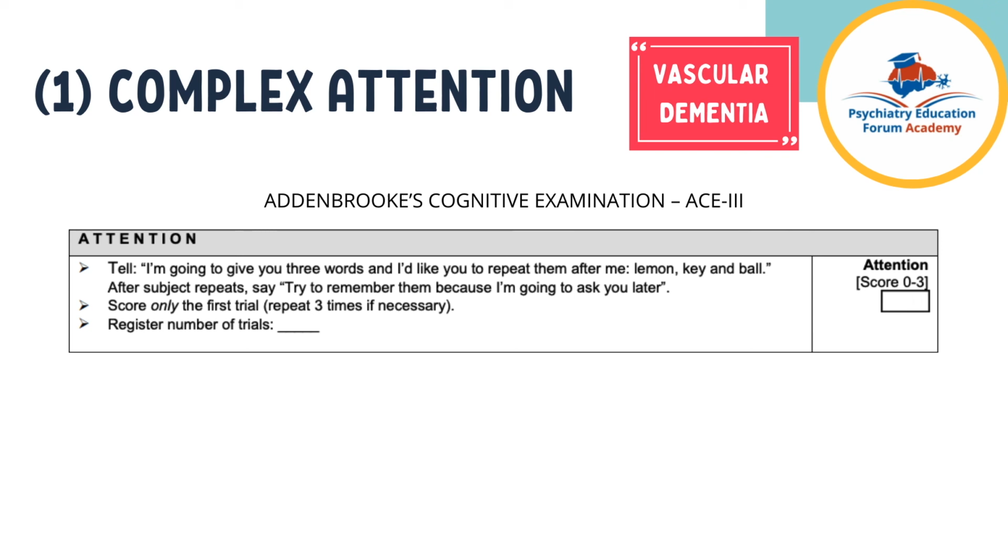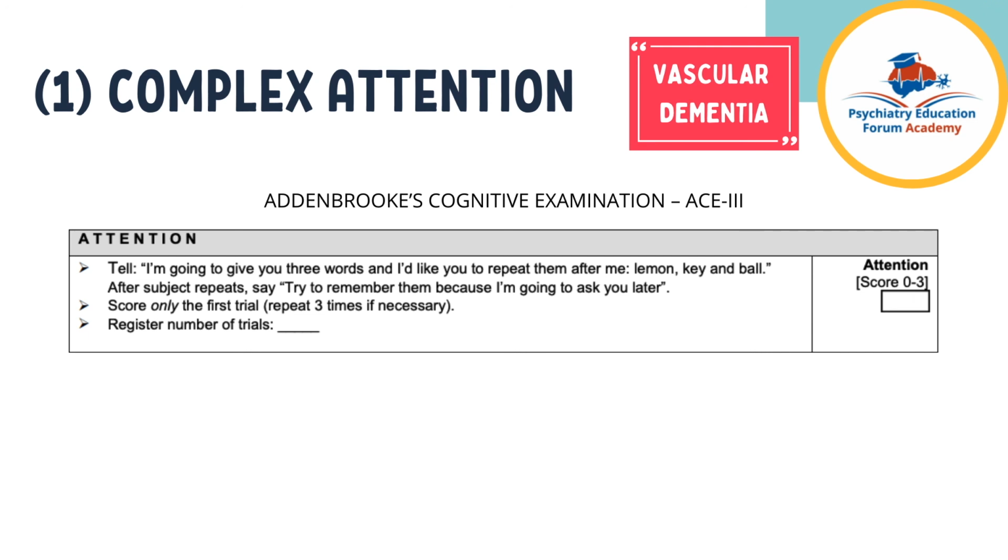But you see, this also goes with that short-term memory thing, and you got the point, right? The attention part, complex attention, also translates into early short-term memory impairment, so you can check both with this one. This is an important test that you can do: the 3-word repeat after a few minutes can check both of those.